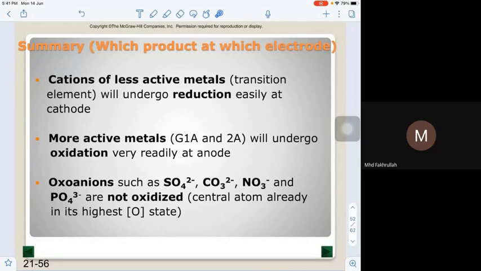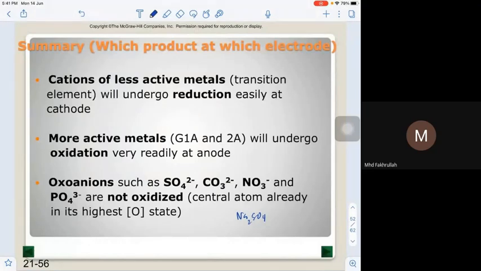If, let's say, we have a sample of sodium sulfate, Na2SO4, we know that when it dissociates, it turns to Na+ and sulfate ion, right? Na+ will go to the cathode to be reduced. Sulfate will go to the anode to be oxidized.